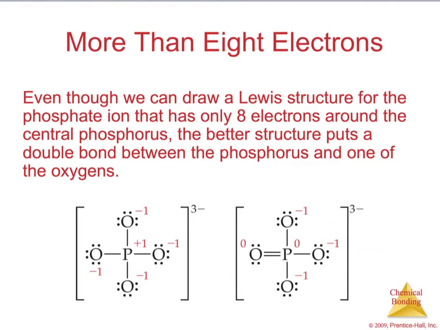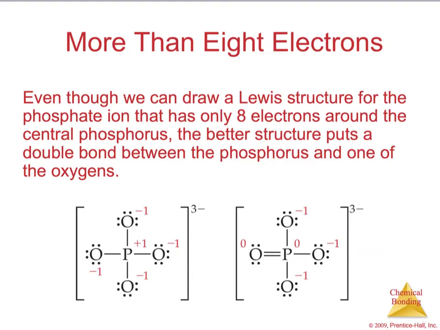At times, you may see some Lewis structures written with an expanded valence shell, even though the structures can be written with an octet. For example, if we look at the Lewis structure for the phosphate ion PO4 3-, you'll see that both of these will actually fulfill our octet rule, and they fulfill the electron count as far as coming up with a charge of -3.